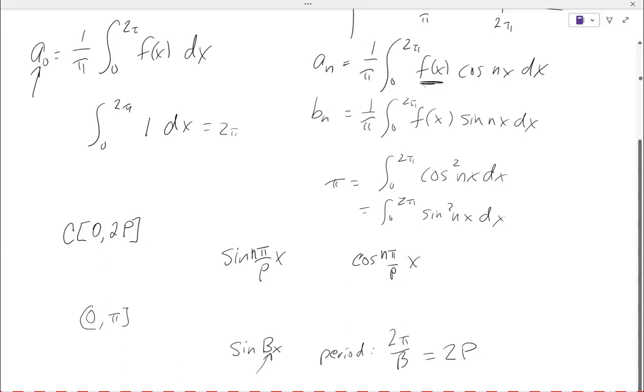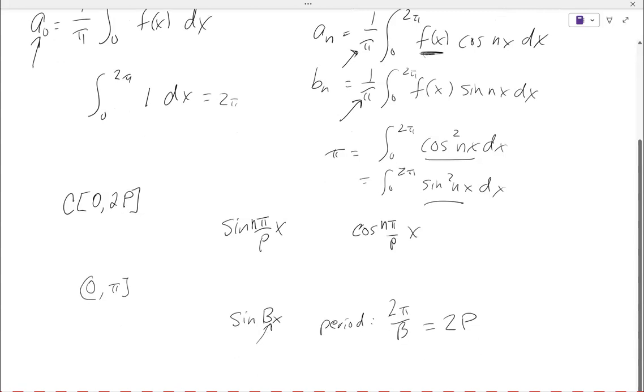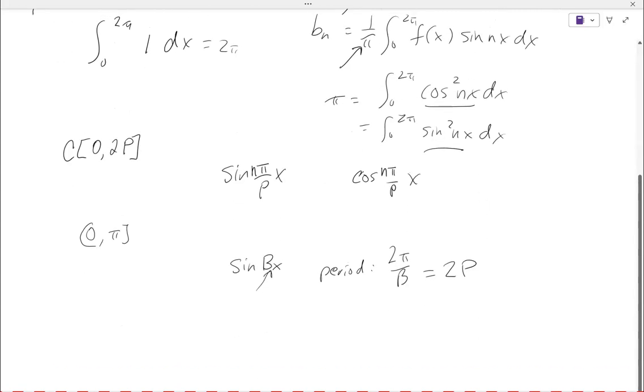You told me a little while ago that these pi's here came from doing the inner product of the function with itself, right? That's where the 1 over pi part came from. So let's see if we can figure out what those coefficients have to be now that we've done this little adjustment here with the period, okay?